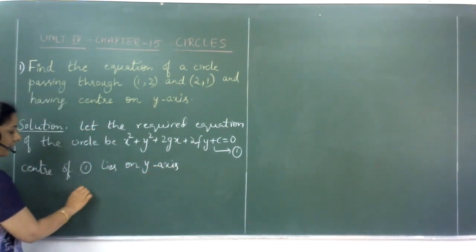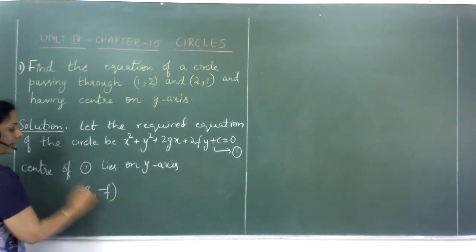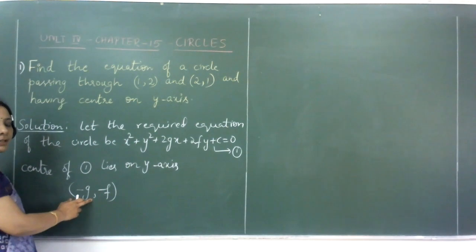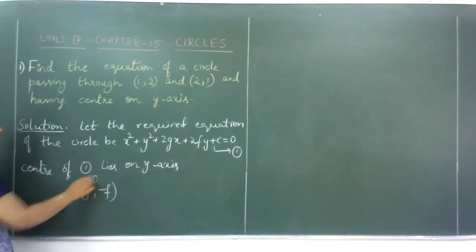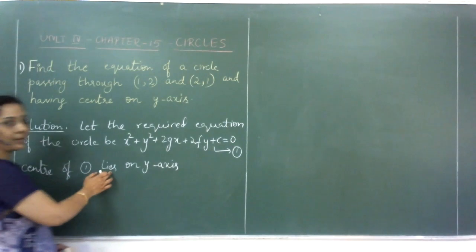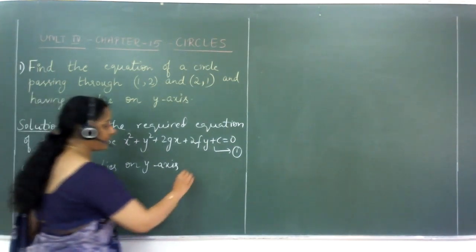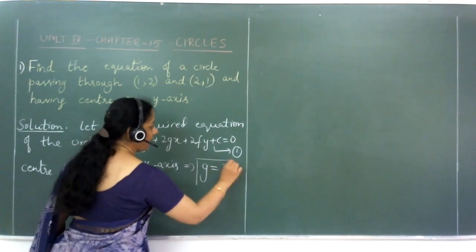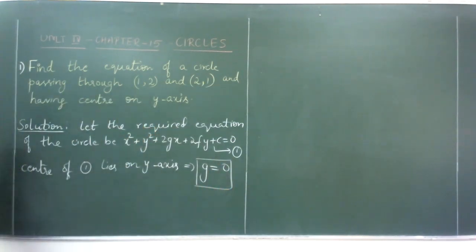Recall that the coordinates of the center of the circle are (minus g, minus f). Whenever we have a point which is lying on the y-axis, its x coordinate will have to become 0, isn't it? So here also the center of circle 1, that is (minus g, minus f), lies on the y-axis, which would directly infer the value of g is equal to 0.